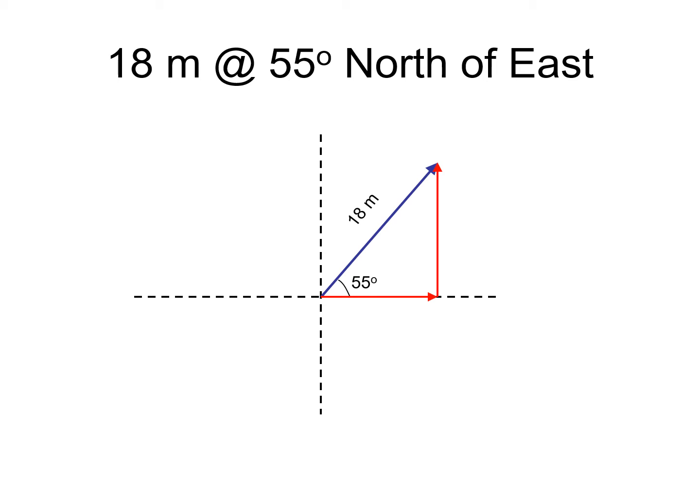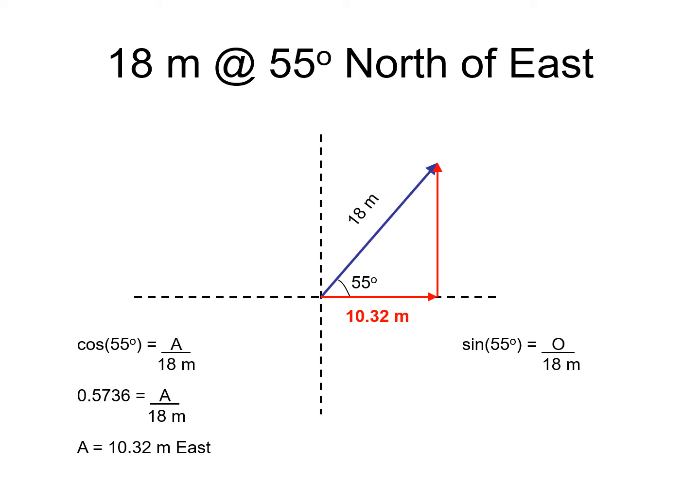If we look at the east component, we would use the trig function of cosine because that is adjacent and we have the hypotenuse. So cosine of 55 is going to be equal to the adjacent divided by 18. Plug cosine of 55 into your calculator and you get 0.5736, and then we multiply both sides by 18 and the adjacent is going to be 10.32 meters, and that will be to the east.